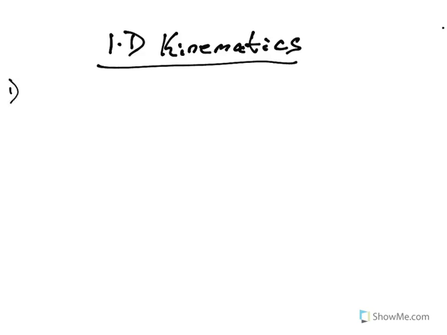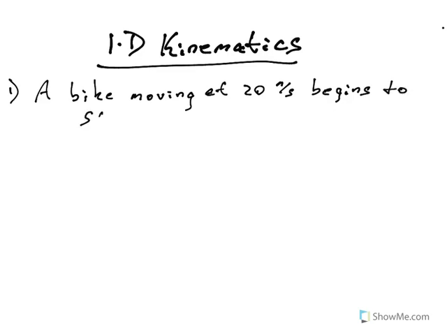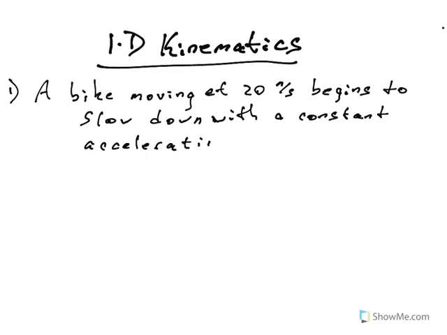For our first example, let's say we have a bike moving at 20 meters per second, begins to slow down, with a constant acceleration of 2 meters per second squared.